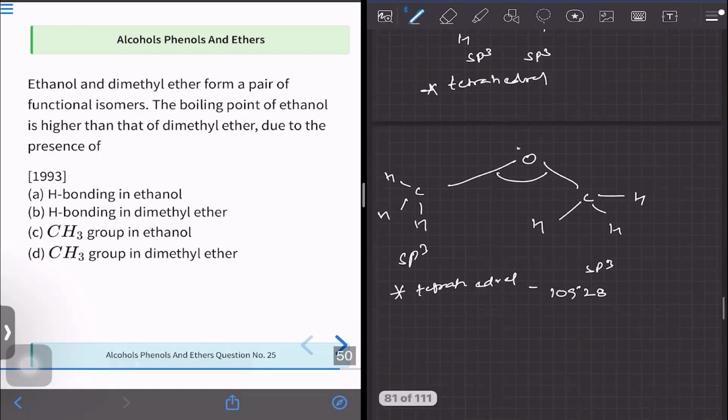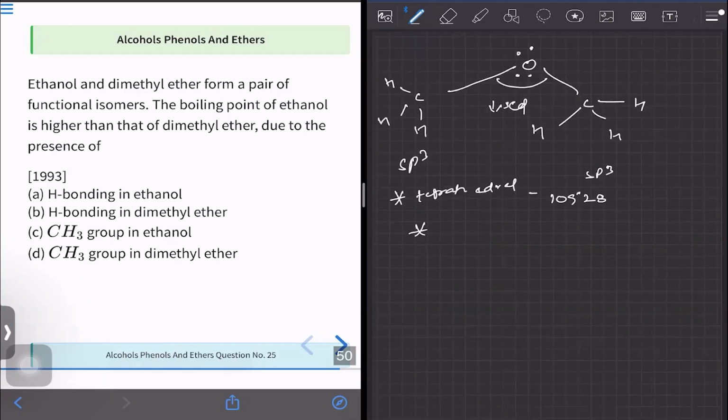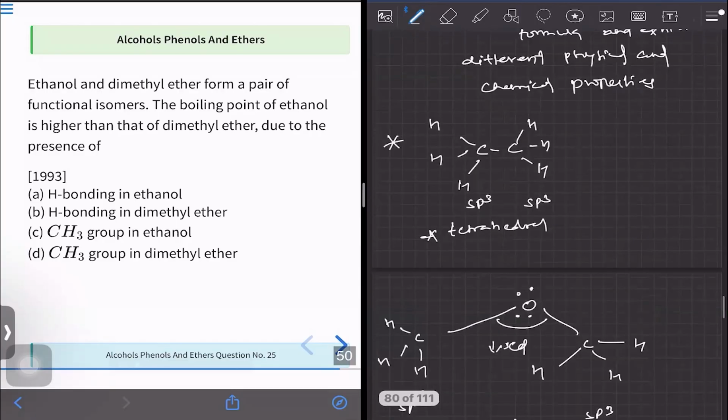But here, due to the presence of two lone pairs on oxygen, the bond angle is reduced, because of repulsions from the lone pairs of oxygen.